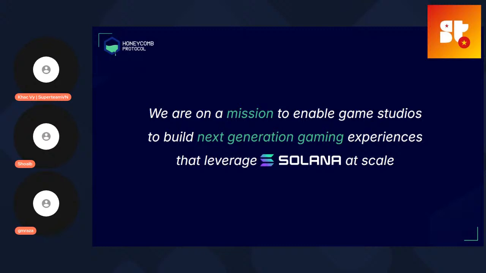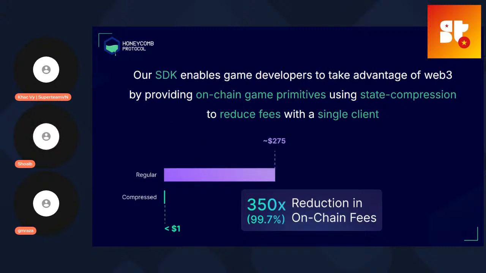So let's see what kind of cost reductions we've achieved, right? By using Solana's on-chain primitives and generalized state compression, we've reduced fees for on-chain accounts by as much as 1,000 times, but we've seen an average of around 350, right?